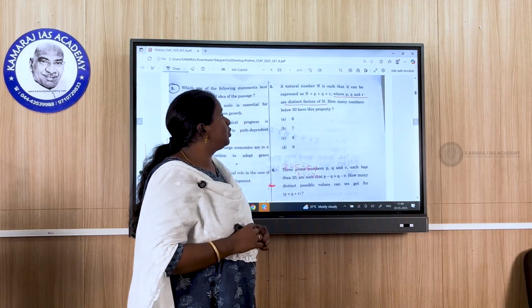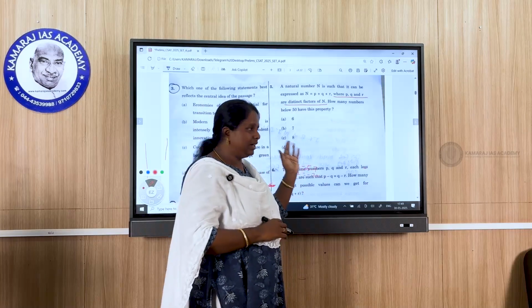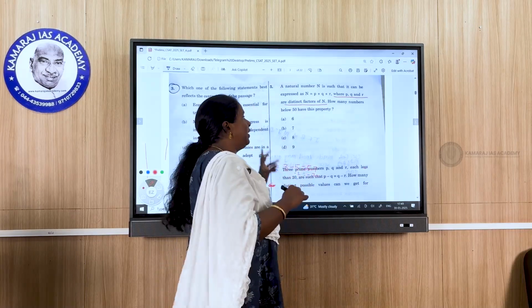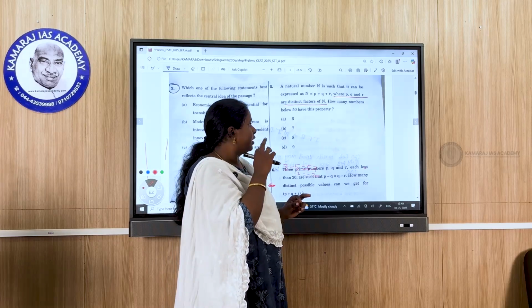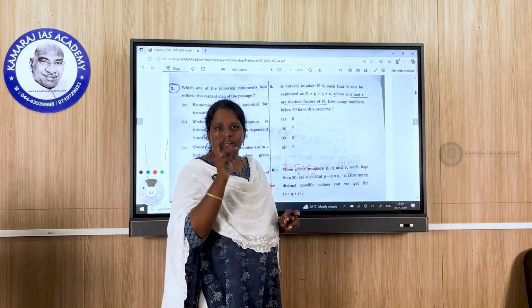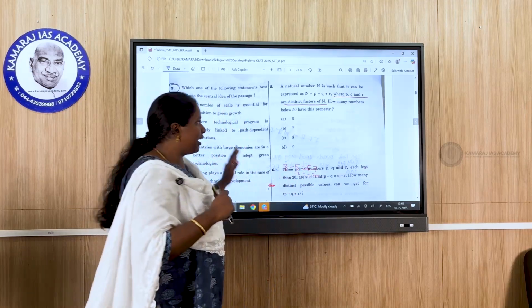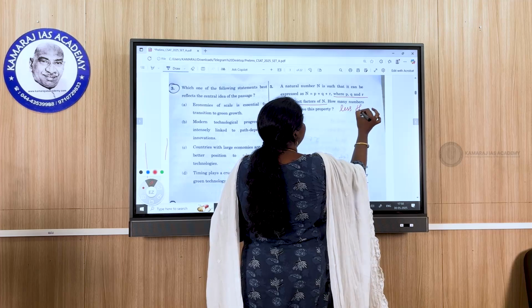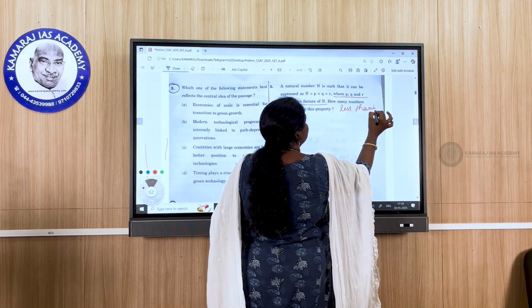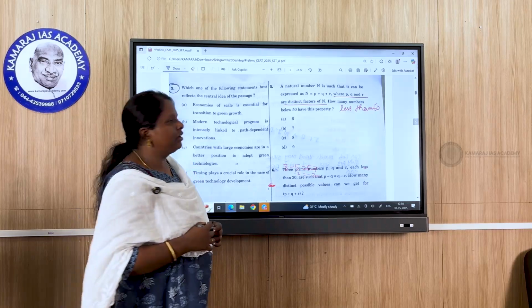How many numbers below 50 have this property? So a similar sum has been given in the same question paper itself, distinct one digit numbers having 4 factors. We have seen that question, right? So same concept. What are the numbers less than 50 having distinct factors of n, right?